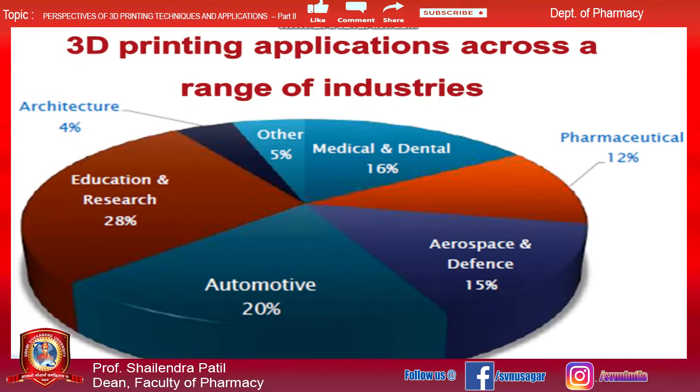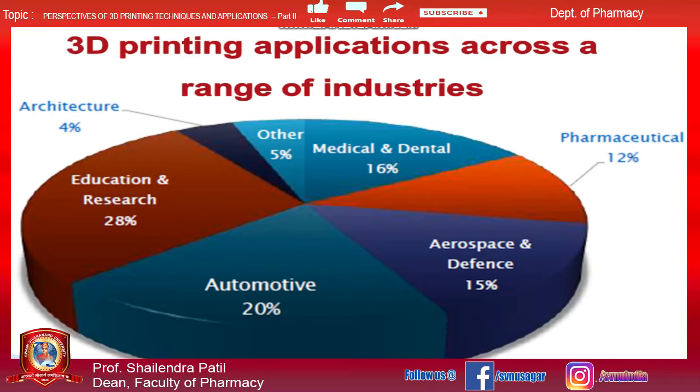Coming to the application of this 3D printing technology in the various sectors or industries, the majority of this technology is utilized in the education and research sector, which is about 28%. It is around 20% in the automotive sector.